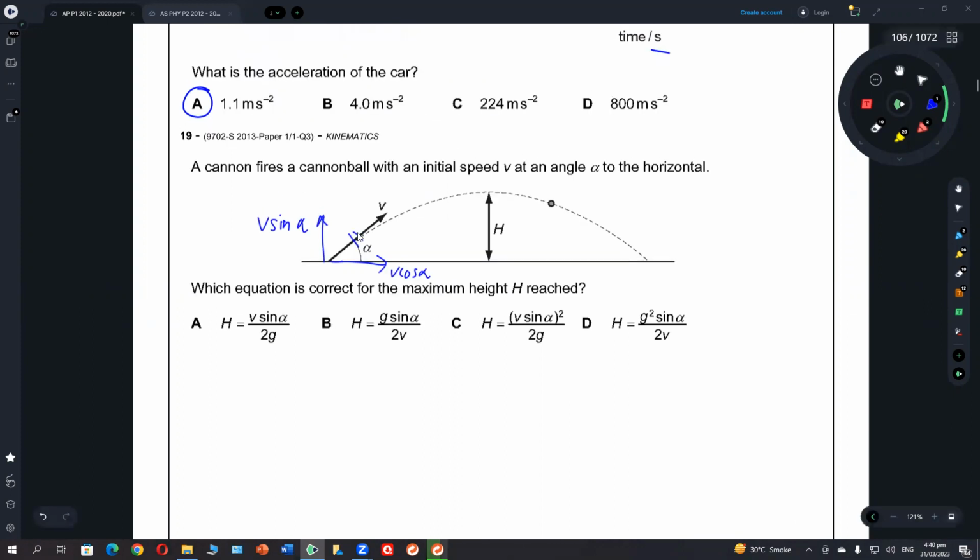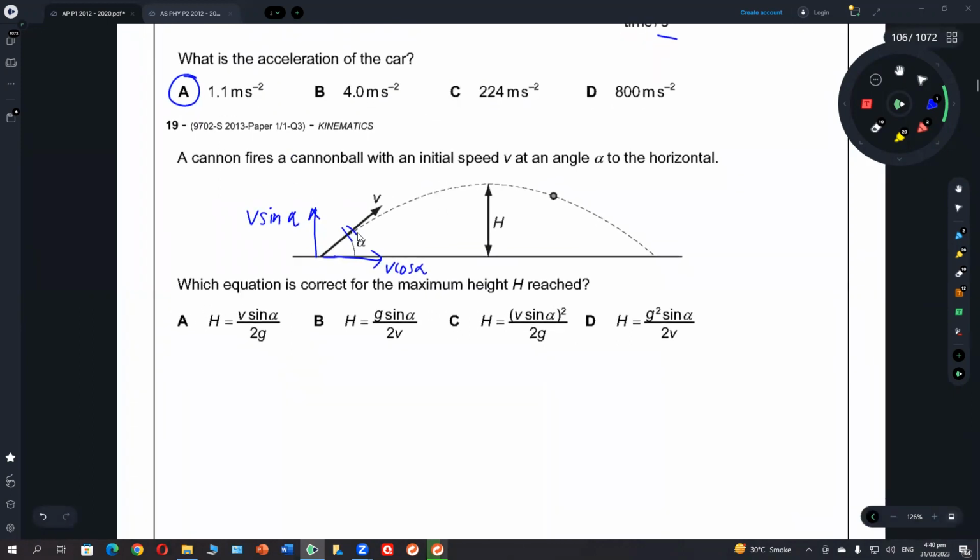At the highest point, the y component will become 0 and only the horizontal component will survive. He's talking about maximum height. When the object is going upward, will the acceleration be negative or positive? Negative. Very good.